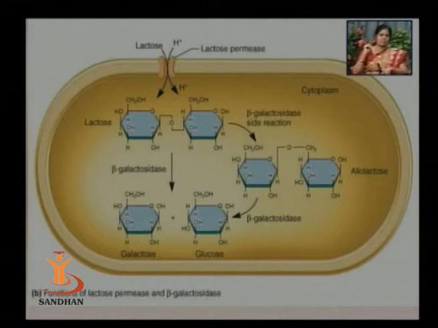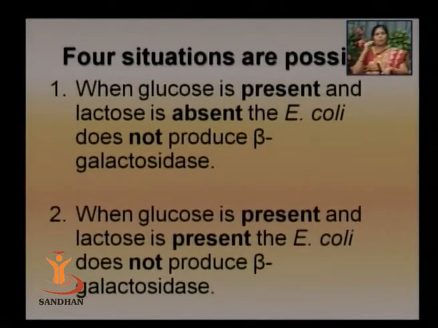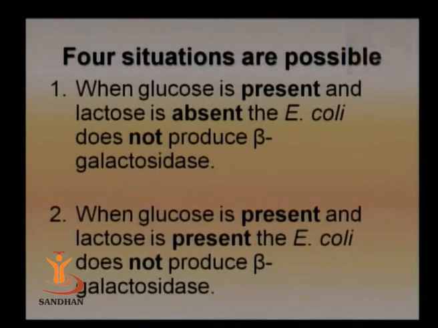Now there are four situations in which this works out. When glucose is present and lactose is absent, what will happen? The E. coli will not synthesize the beta-galactosidase enzyme, because the cell will prefer to utilize the monosaccharide glucose, since it does not have to be broken down. It is already a monosaccharide.